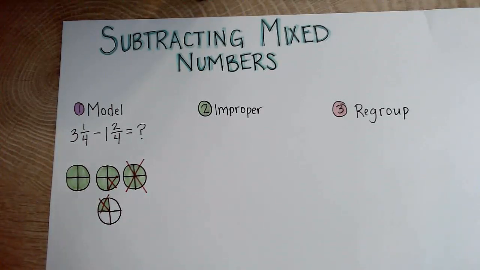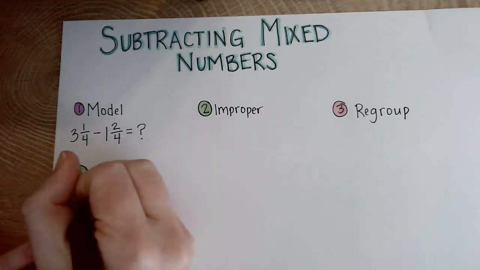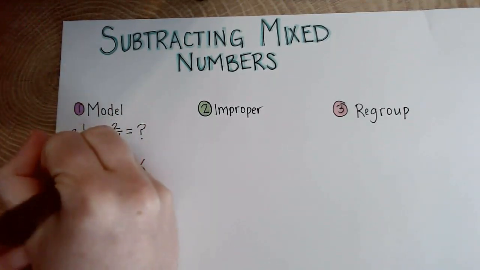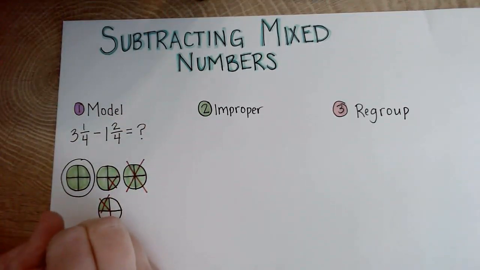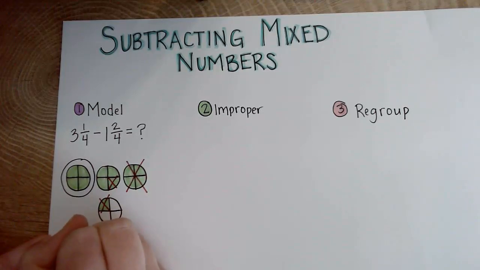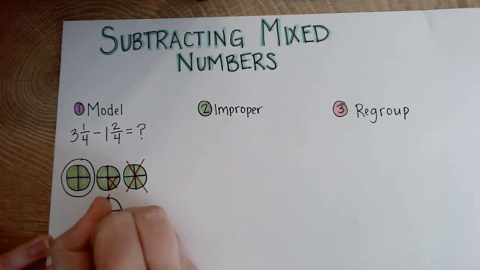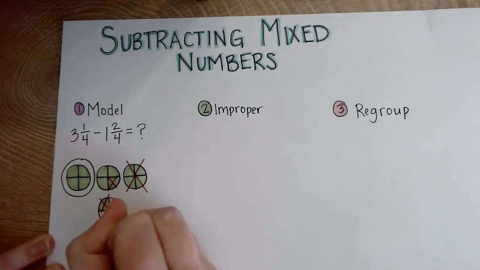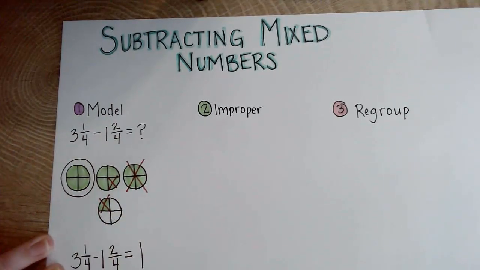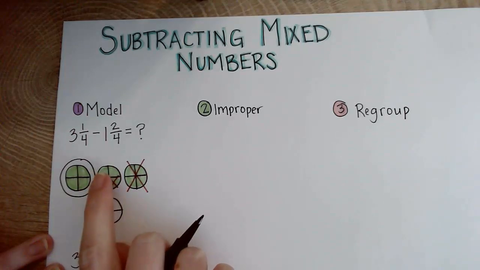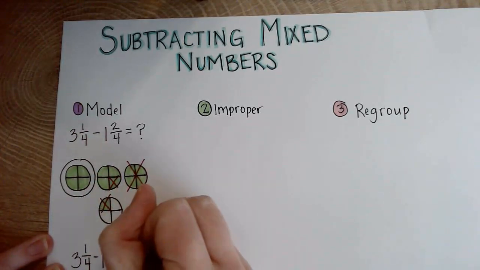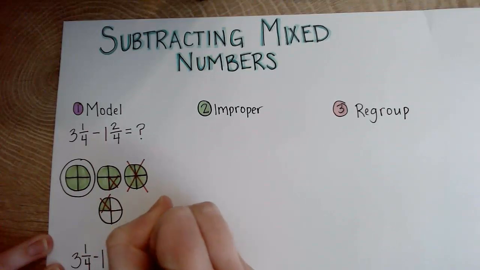Okay. Now, in order to see what I have left, I'm going to count up. I see I have my 1 whole remaining here. And if I look at my second model here, I have 1, 2, 3 out of the 4 remaining.